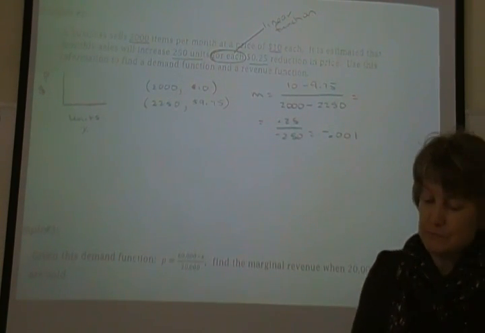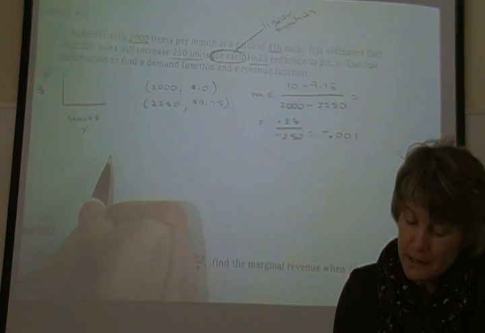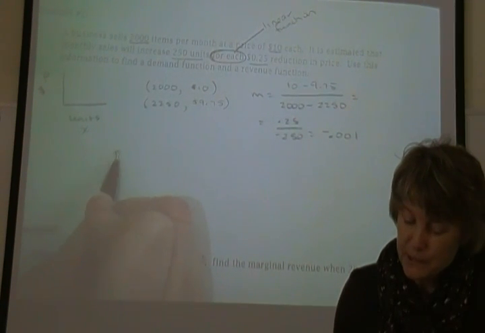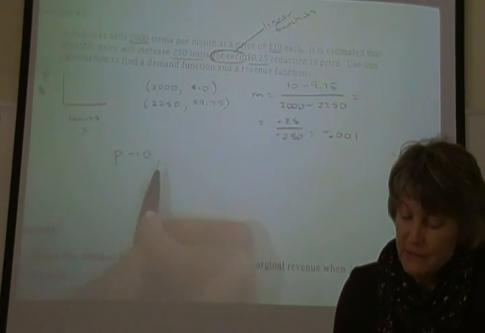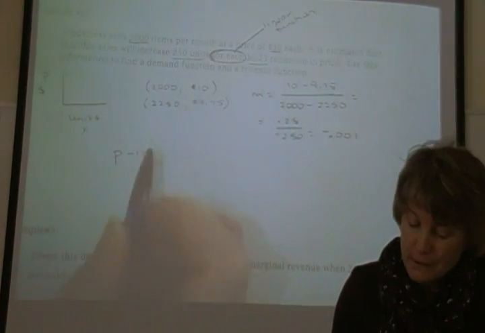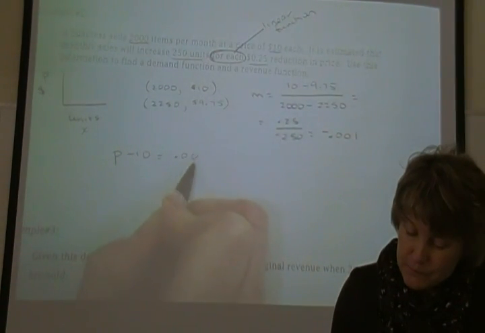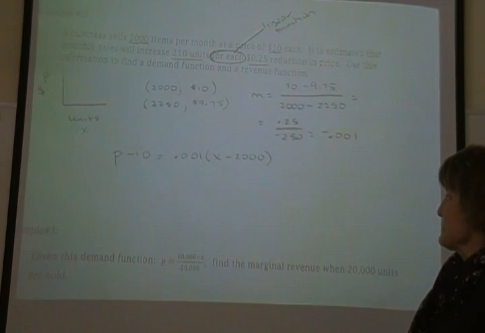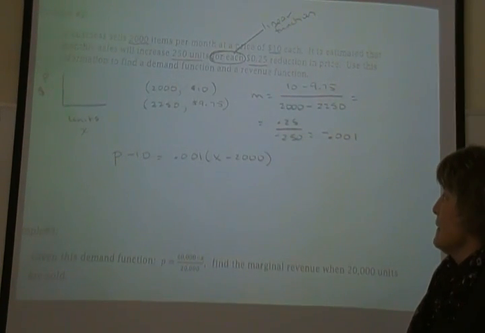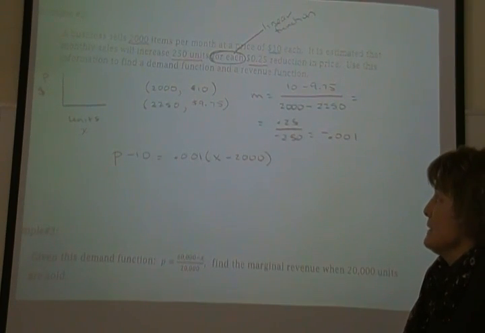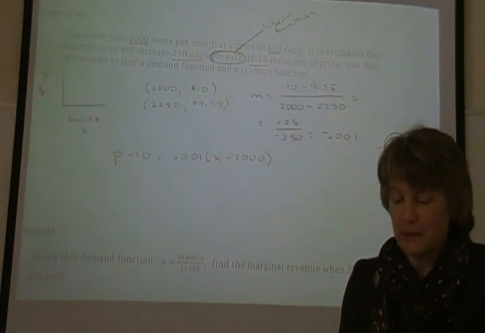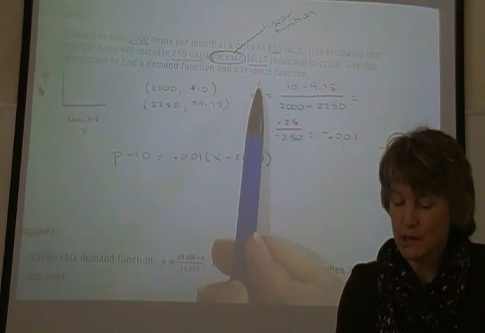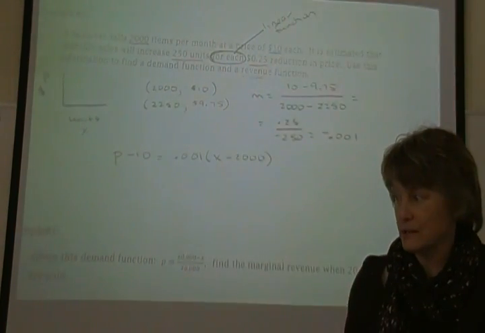So that's my slope. My equation of my line now is, instead of y, I'm going to say p minus the p-value of the first point equals the slope times x minus the x value of that first point. And that is my demand function. I can rewrite it if I need to, and I think I will have to rewrite it because I am trying to come up with a revenue function next.